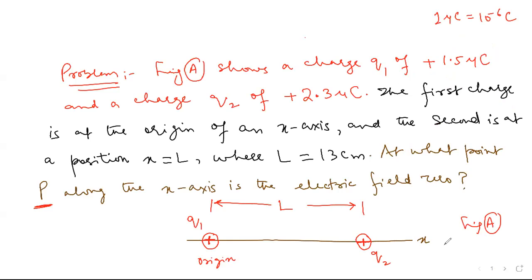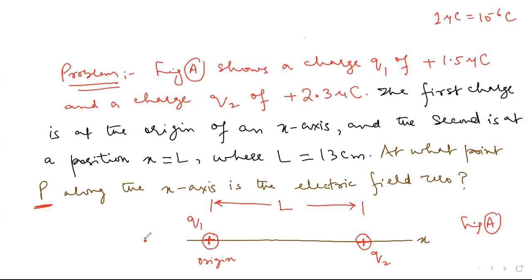Now, first we want to justify the point which we are going to find, point P at which electric field is 0. It must lie between the charges because only in this region do the forces exerted by Q1 and Q2 on a test charge oppose each other. Try to understand it.